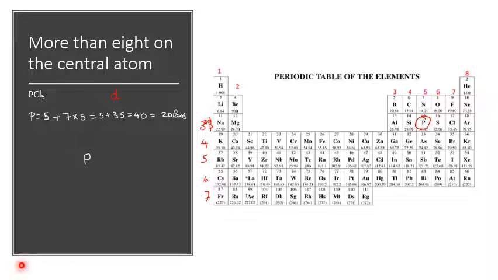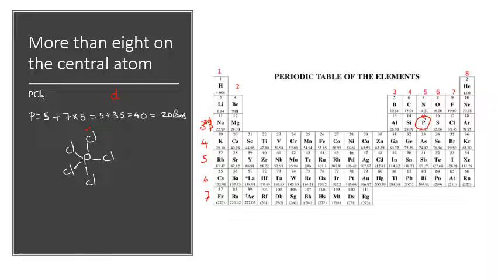Let us draw the Lewis dot structure now. I will connect all 5 chlorines first. So 5 chlorines, and I used 5 bond pairs, 1, 2, 3, 4, 5. Out of 20 pairs, I already used 5 pairs, so I have 15 left.